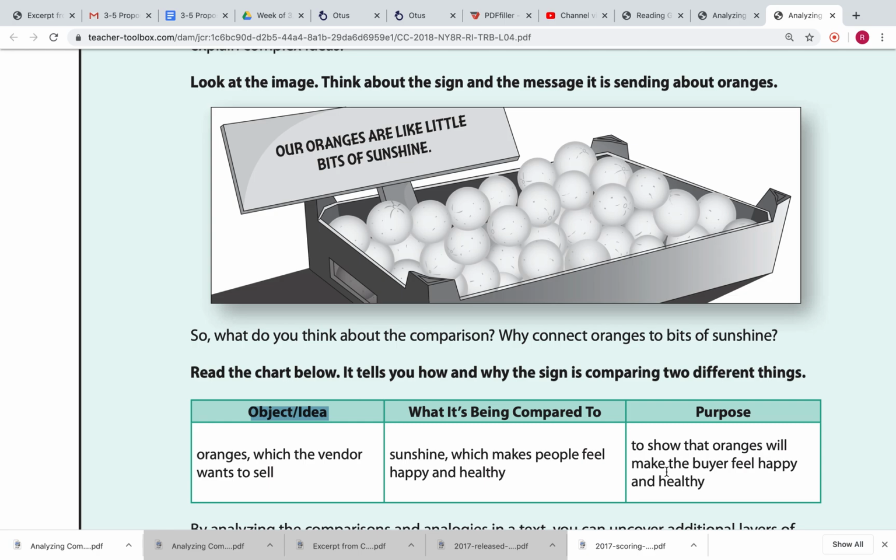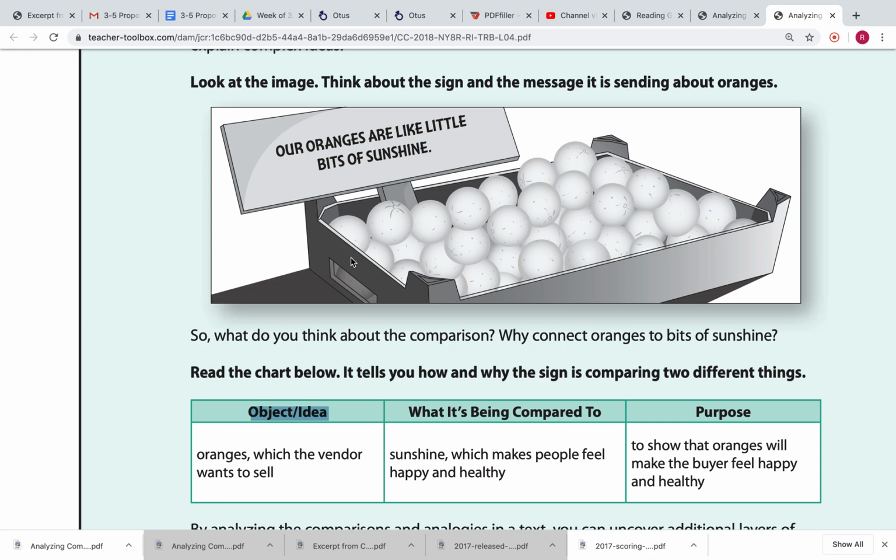Now, if you are a seller, obviously you want to try to do something to make people buy your product. So how does the seller do it here? He compares the oranges to sunshine, which we all know makes people feel happy and healthy, right? Who doesn't like some sunshine?